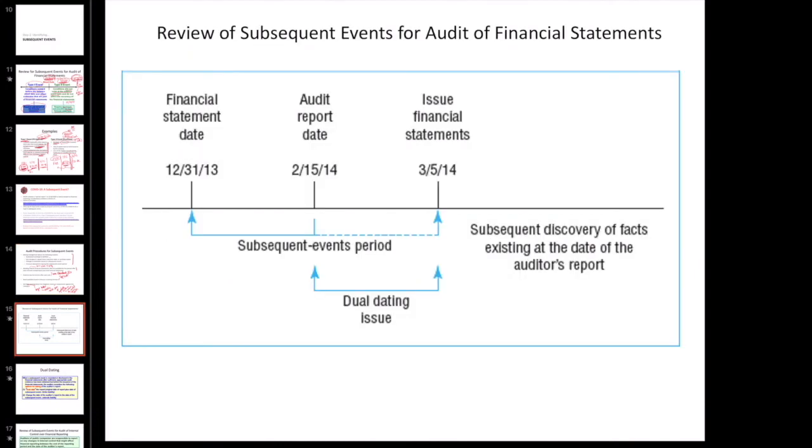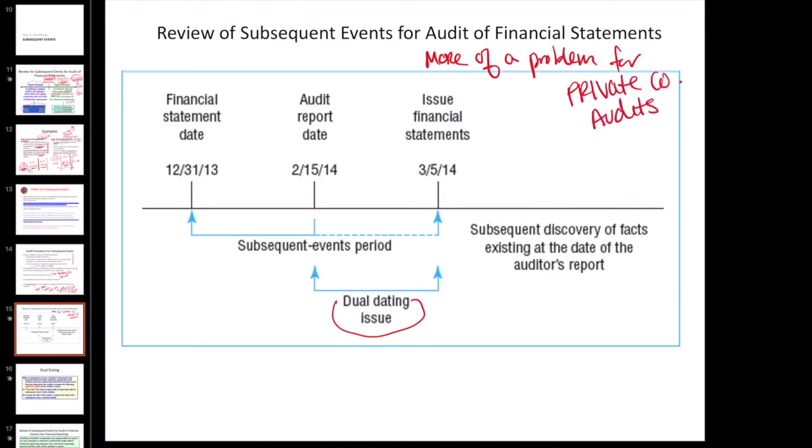And also in terms of subsequent events, something called a dual dating issue can crop up. This is generally going to be more of a problem for private company audits. The reason why is this is generally going to be a problem when there is a long lag between the audit report date and the actual issuance of the financial statements.